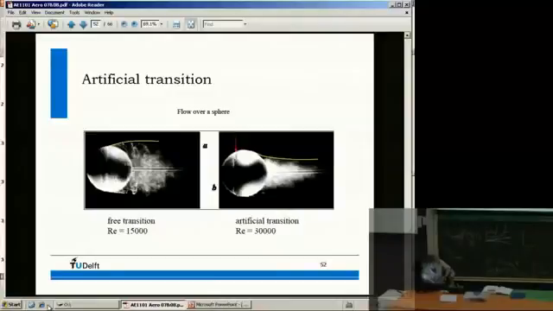Here I put now a strip to make transition to turbulence earlier, to disturb it. We call it a transition strip. Look what happens to the separation point. It moves much further down. So for separation, turbulent flow is better, right?